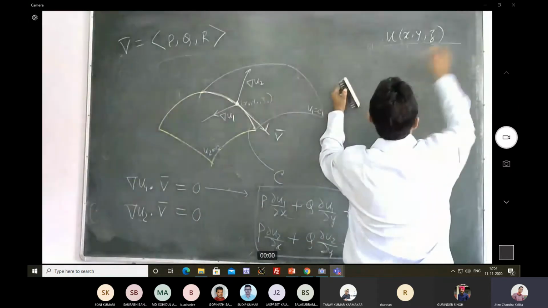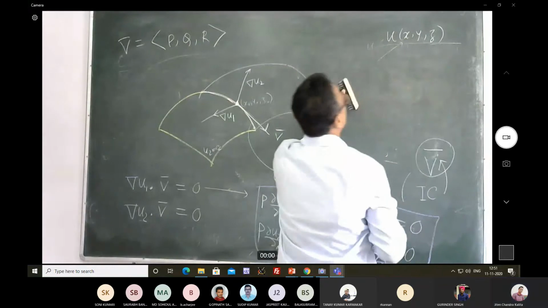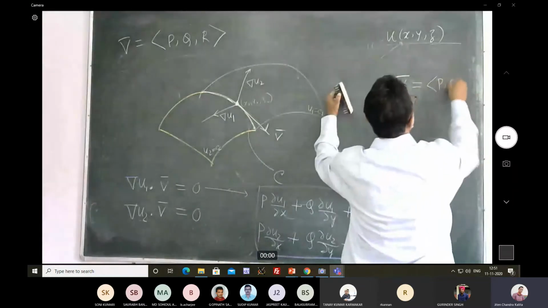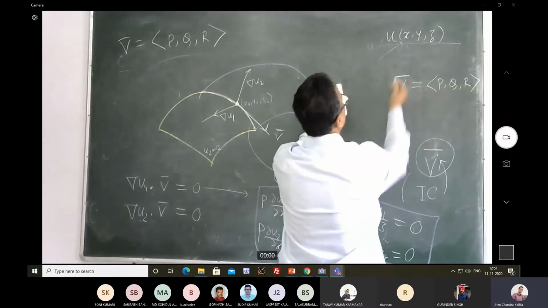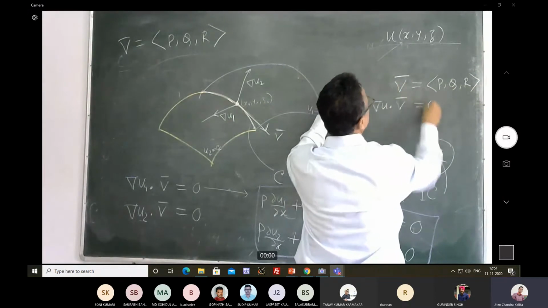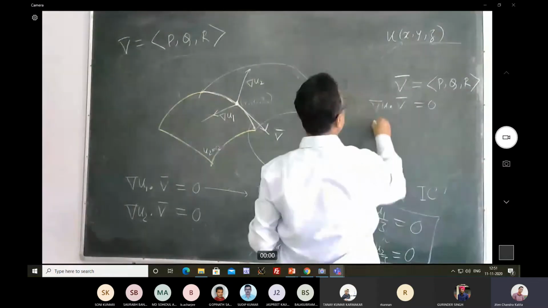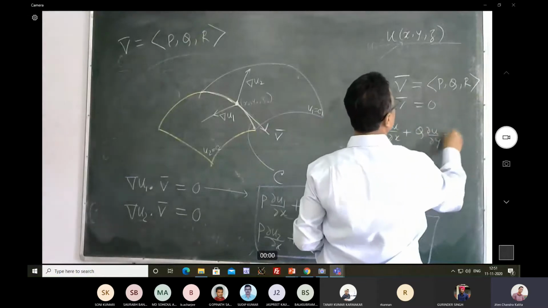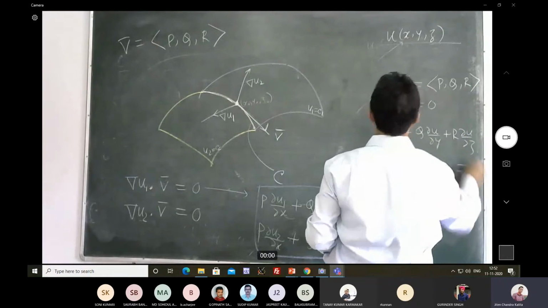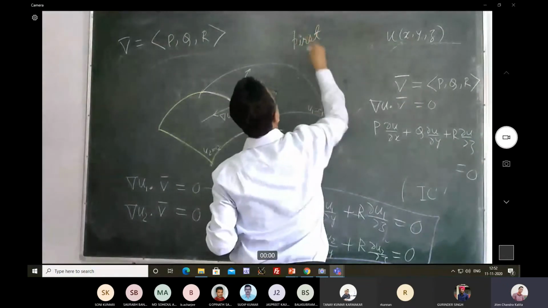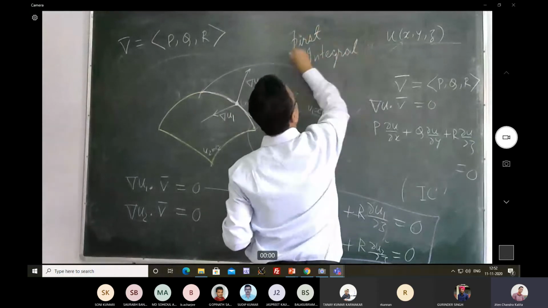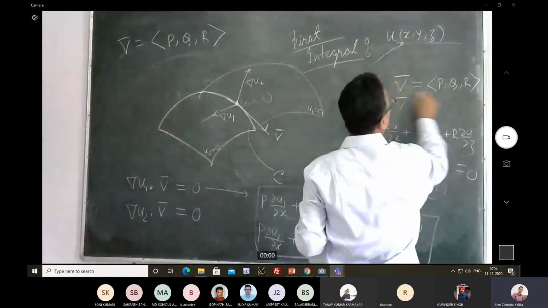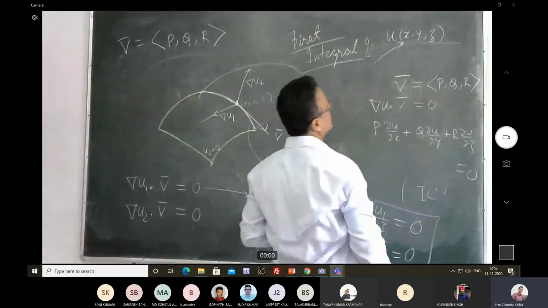This u is going to be called a first integral of a vector field V given by (P, Q, R) if grad u dot V is equal to 0.